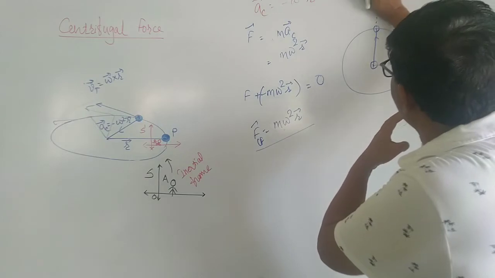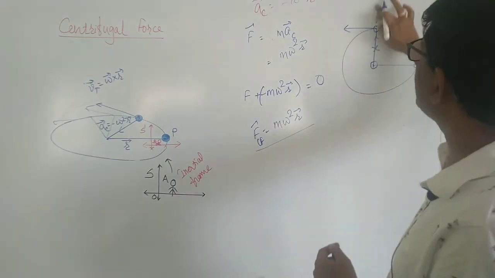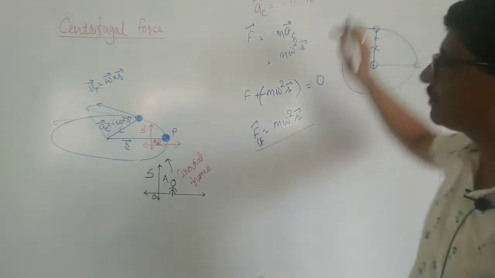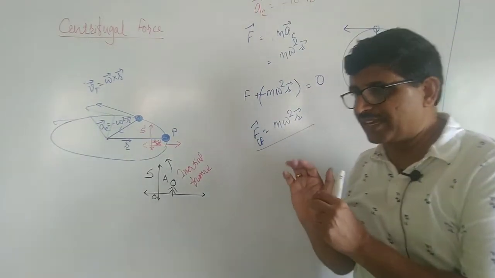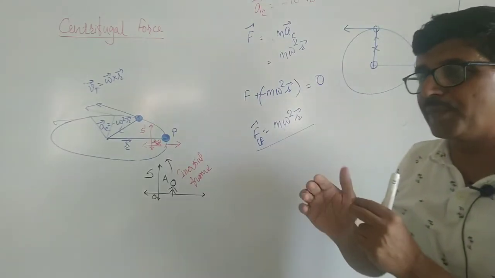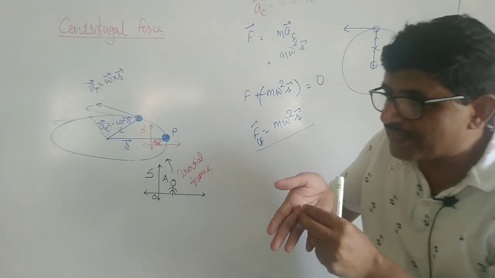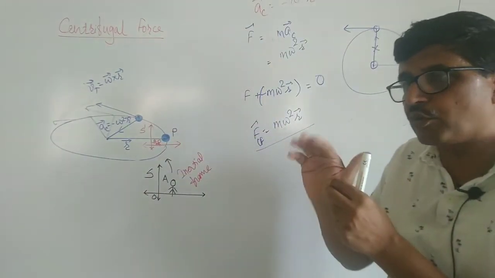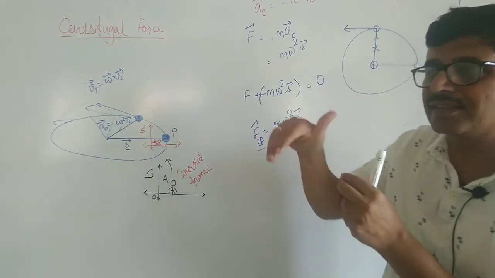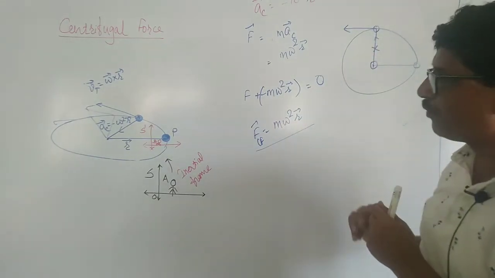But if you break the centripetal force here, it will move along the tangential path. Therefore, the role of centrifugal force is not to make the body move along the radius and away from the center, but to make the body come again into a circular path. This is about the centrifugal force.